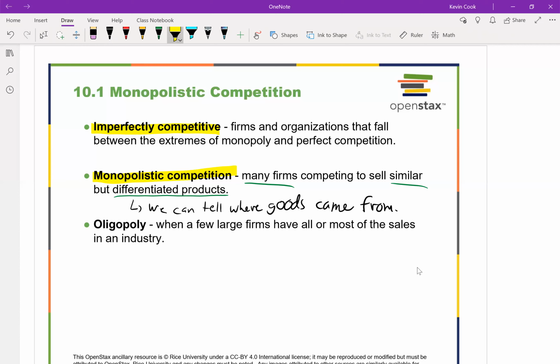The other type of market we'll look at is the oligopoly. This is where we have a relatively small number of firms that basically control the entire industry. With this, we'll often think about airlines and cell phone providers, and those are two I'm going to pick on.